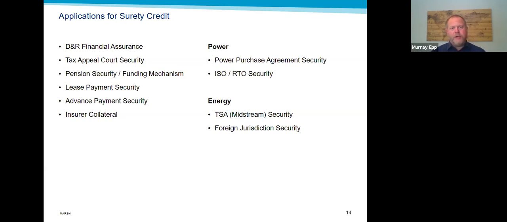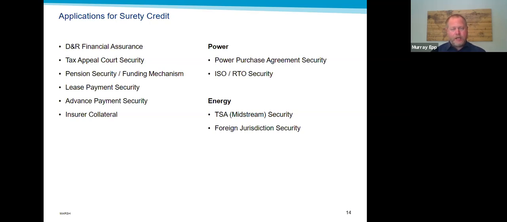Lease payment security, advance payment security, insurer collateral is one where we've had some recent success. I know that especially any enterprise with operations stateside, workers' comp, casualty, there's requirements for self-insured retention collateral, and the surety industry has really stepped up in recent years to accommodate those.